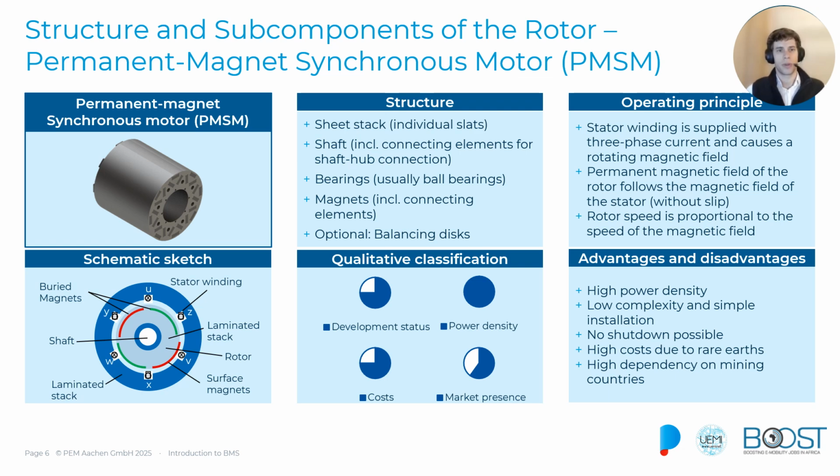This comes with the disadvantage that no shutdown of the magnetic field is possible, and high costs and high dependencies on mining countries. But it remains the most popular motor type due to its high power density and efficiency.